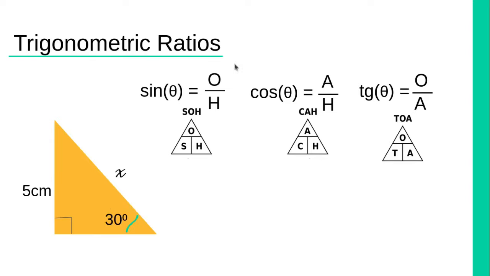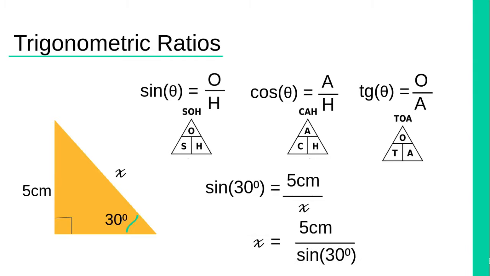And this is given by the sine of theta. So we know that the sine of 30 will be the opposite side, 5 centimeters, divided by the hypotenuse, x. So we can isolate x, which will give us 5 centimeters divided by the sine of theta. And using a calculator, we get that x is equal to 10 centimeters.